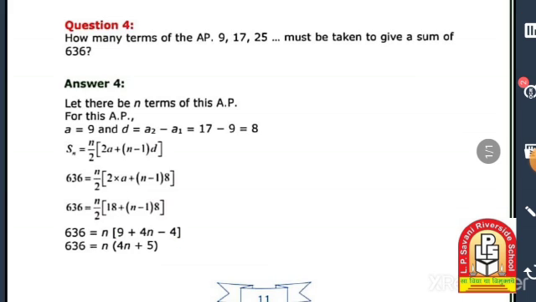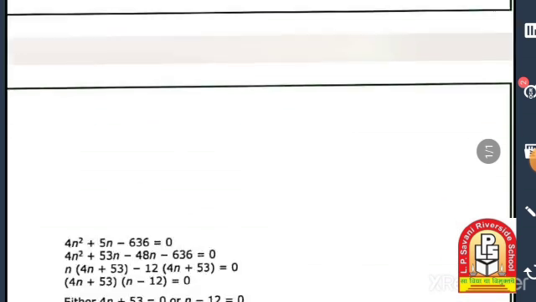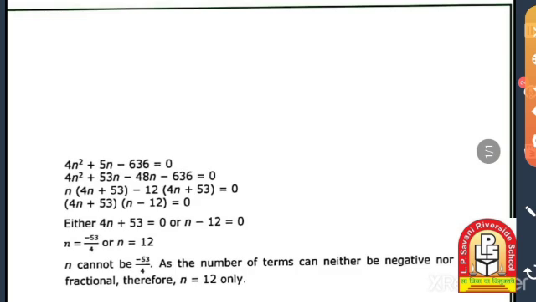Then you have to decide that 9 minus 4 is 5. So 636 is equal to n in the bracket 4n plus 5 over here. After opening the bracket you get 4n square plus 5n minus 636. In this equation you have to divide 636 using its factors, and find the factors of the 5.